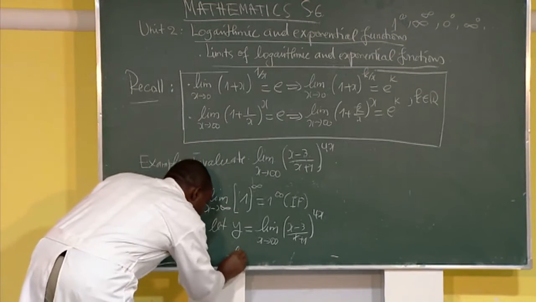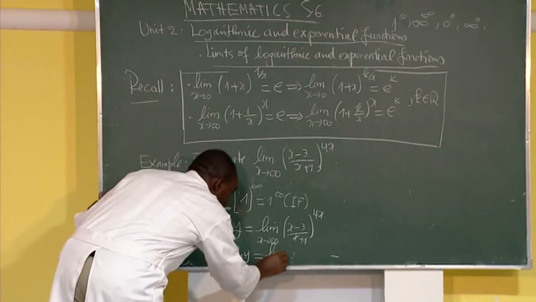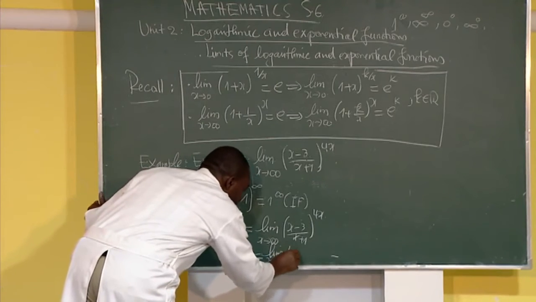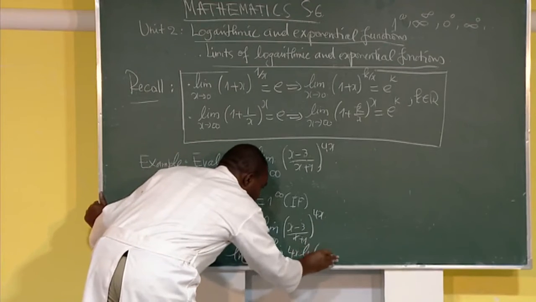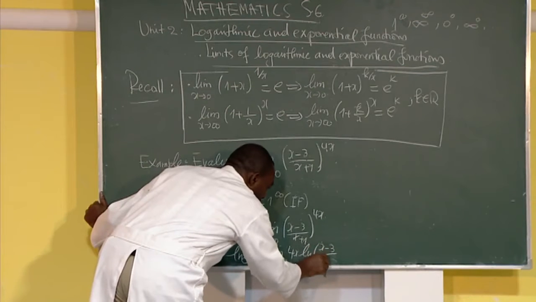We will have ln of y, which is equal to the limit as x approaches infinity of 4x times ln of (x minus 3) divided by (x plus 1).